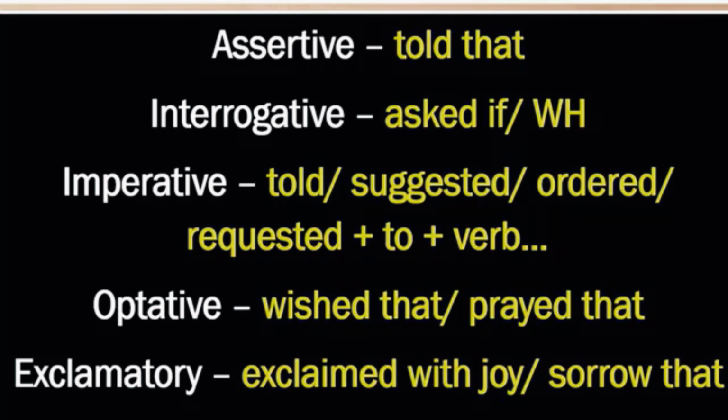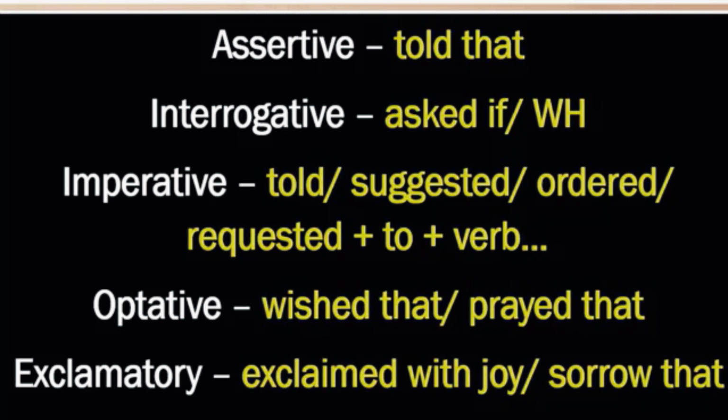Wherever you find a WH question, it will stay the same in its place. But whenever you find an auxiliary verb in making questions, in that case we'll put the connector if. So whenever we find an interrogative sentence in the part of reported speech, we'll put the verb asked and then if or WH.